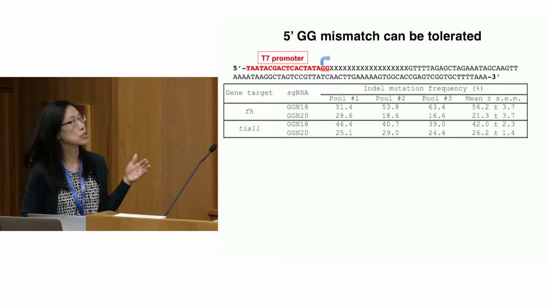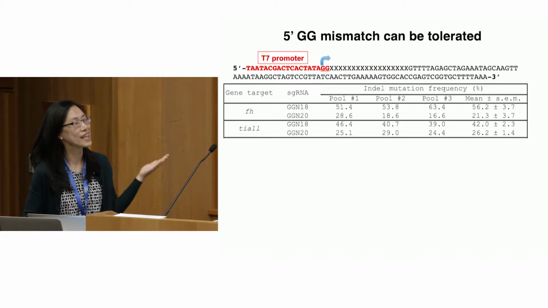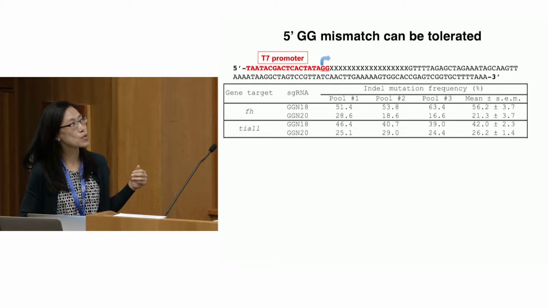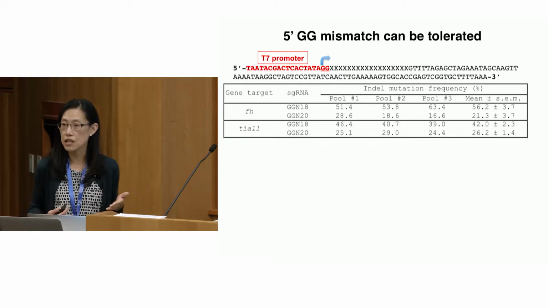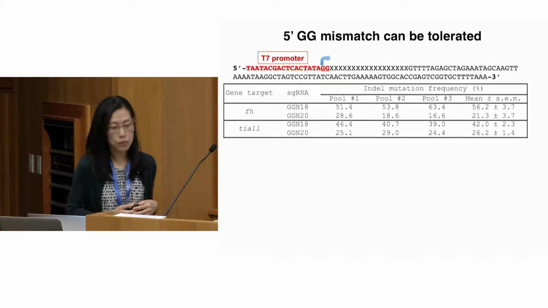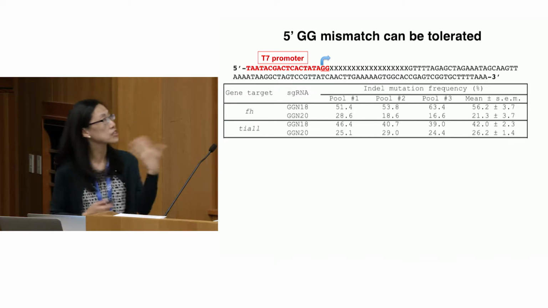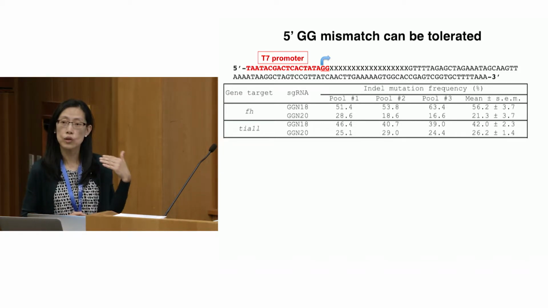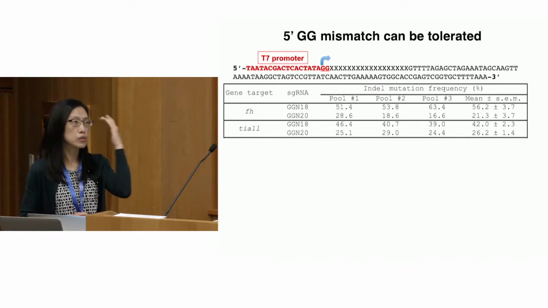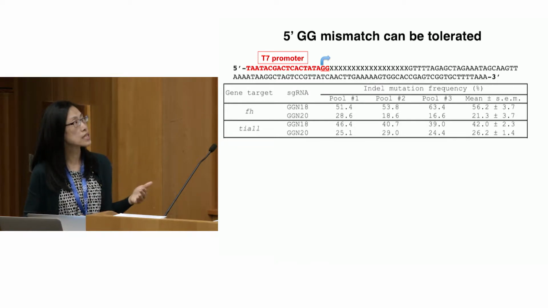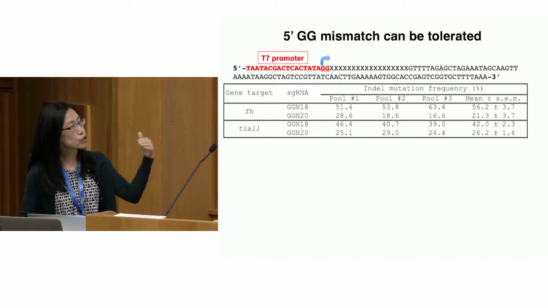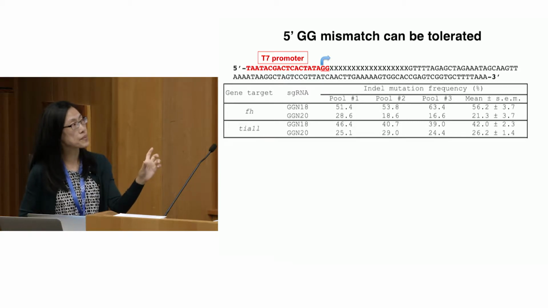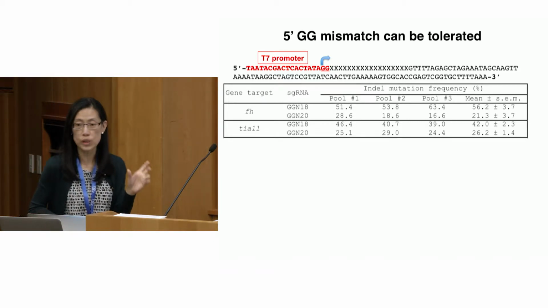So from this, we would suggest that if in some cases you have to have the GG or 1 or 2 mismatches in the 5' ends, you should still keep your spacer regions limited to 20 nucleotides.